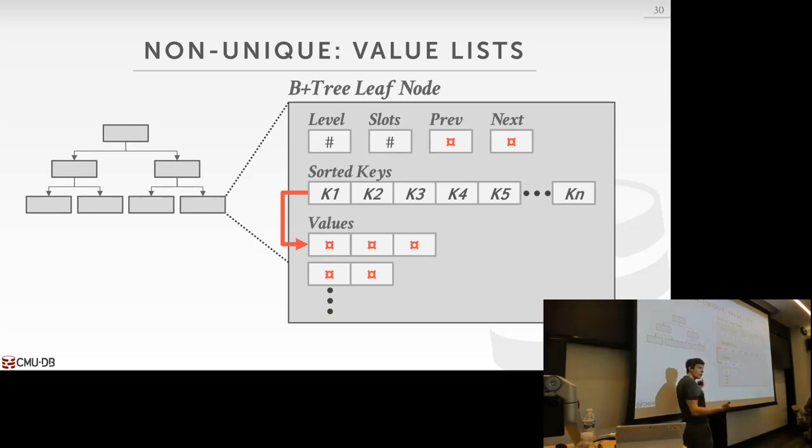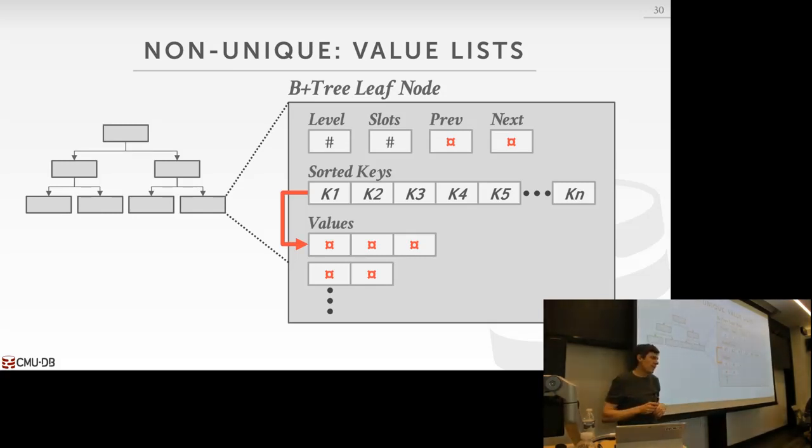Again, the database system knows whether the keys are unique or not, so it knows whether it has to do that. So it knows that this is a primary key, or this is a unique index, so the thing I'm looking for should only appear once, and therefore I just get to the one leaf node that has what I want. If it's non-unique, then you have to account for that. If it's just duplicated across leaf nodes, I scan along siblings. If it's an overflow, I just find the first leaf node and then scan down its chain.